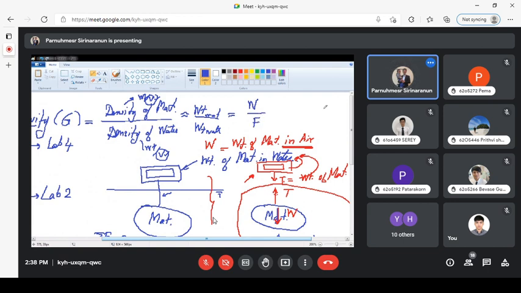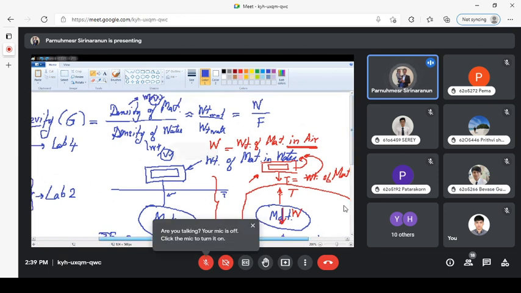How can you find this? This is equal to the weight of material divided by buoyancy force. This means the specific gravity of material.